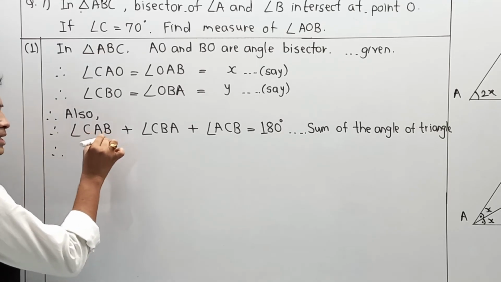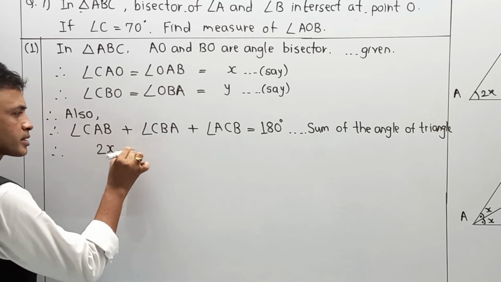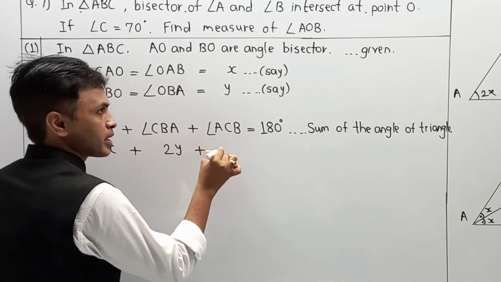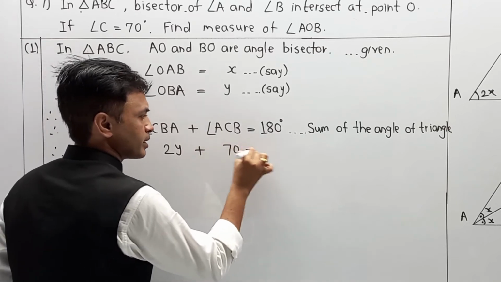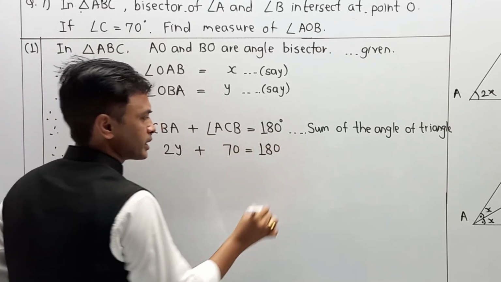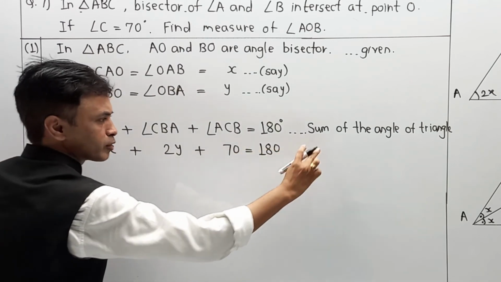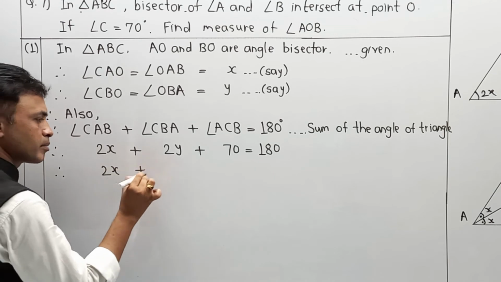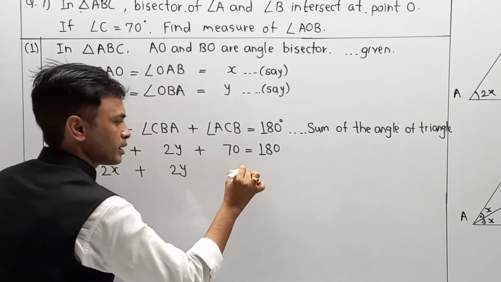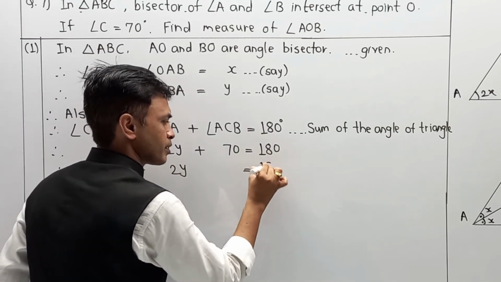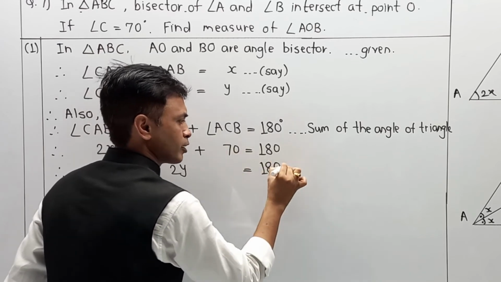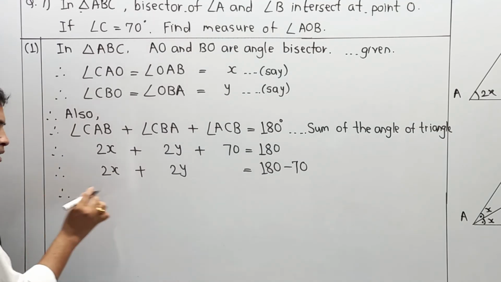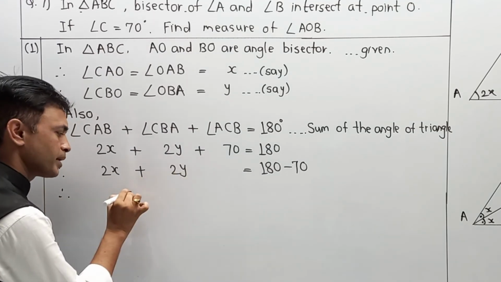So here angle CAB means 2x plus CBA means 2y plus angle C is 70 degrees is equal to 180 degrees. Shifting the plus 70 to that side, 2x plus 2y is equal to 180 minus 70. Now I am taking 2 as common.